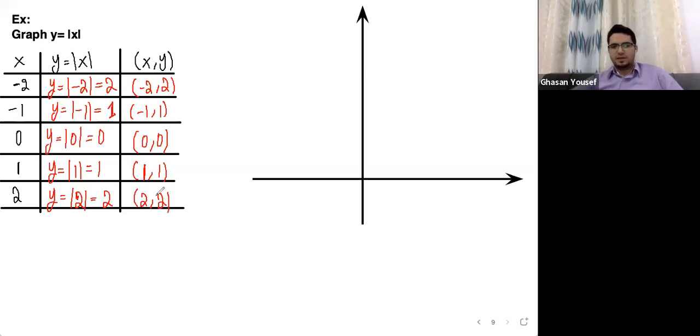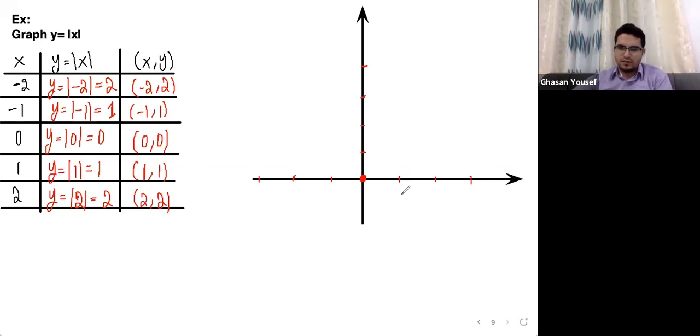Now I'm going to plot these points in the Cartesian plane. The first point is (0, 0). Second point is (1, 1).